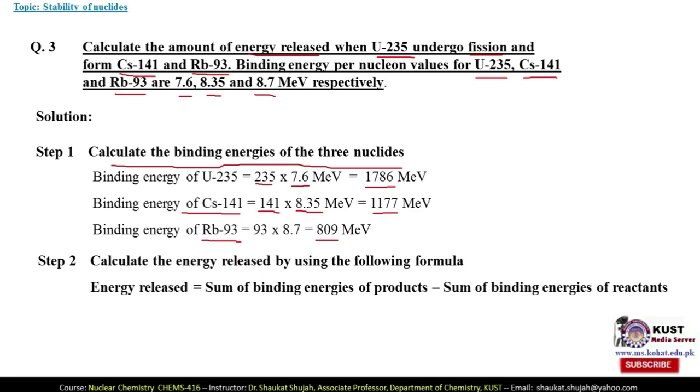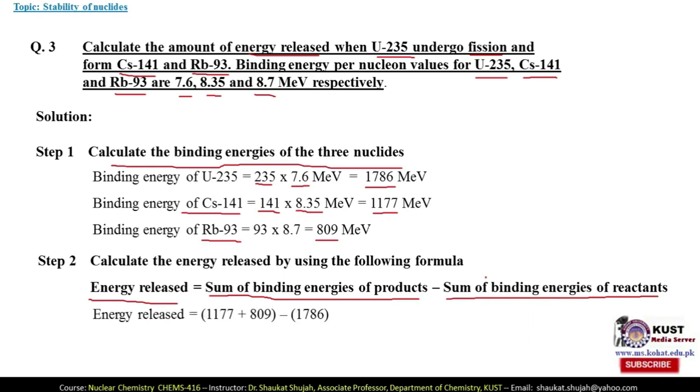Then we can calculate the energy released by using this formula. Energy released is equal to sum of binding energies of products minus sum of binding energies of reactants. And when we substitute the values in this formula, then the energy released is equal to 200 mega electron volts.